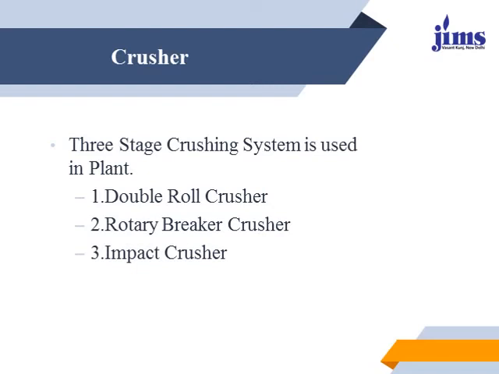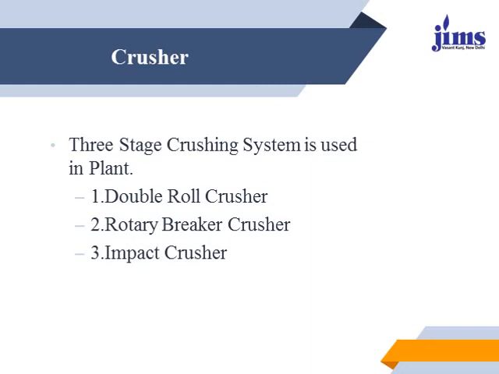It is just like hammering, using hammers operated by power. They use hydraulic power or electrical power to crush the stones, and the coal stone is converted into crushed form. This is basically used in thermal power plants.